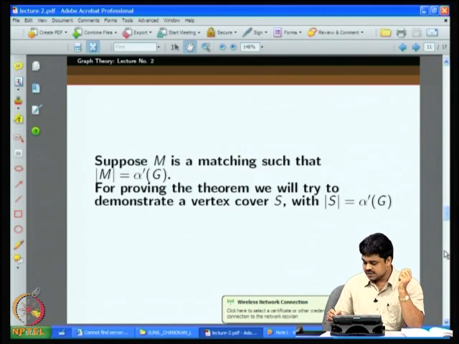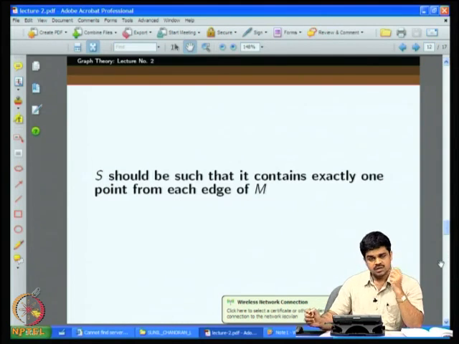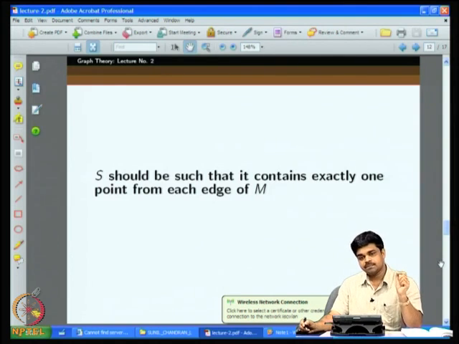And as we have already seen, this cardinality of the vertex cover can never go below alpha dash of G, the cardinality of the maximum matching. Why? Because the matching is a collection of independent edges. Each edge should have at least one of its endpoints in our vertex cover, otherwise that edge will not be covered.